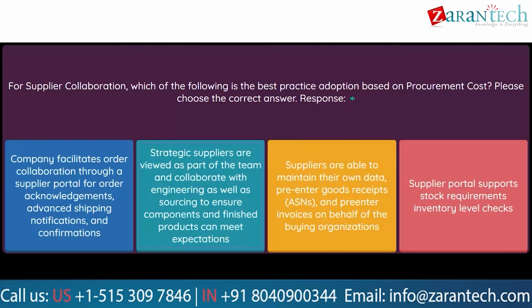Strategic suppliers are viewed as part of the team and collaborate with engineering as well as sourcing to ensure components and finished products can meet expectations. Option 3. Suppliers are able to maintain their own data, pre-enter goods receipts, ASNs, and pre-enter invoices on behalf of the buying organizations. Option 4. Supplier portal supports stock requirements inventory level checks.